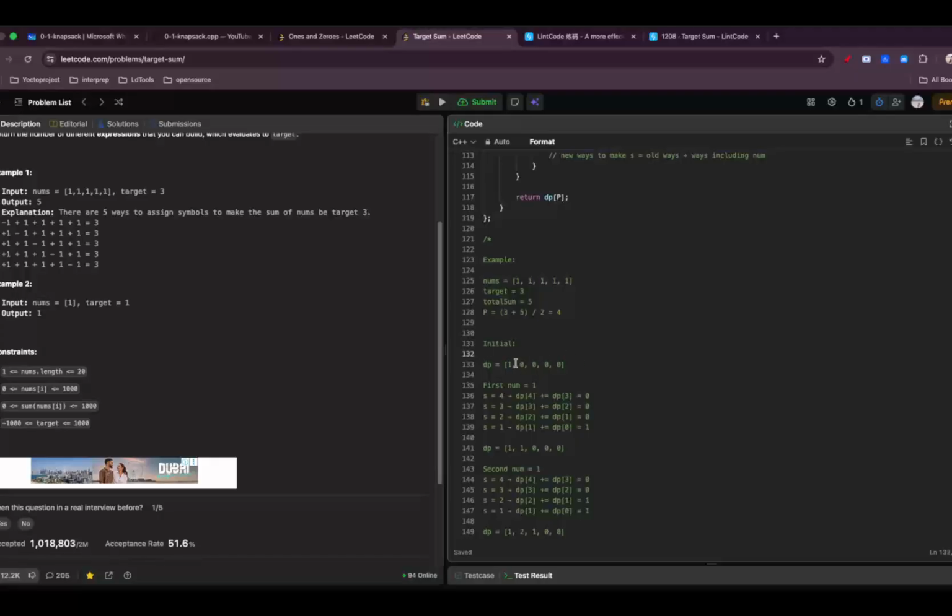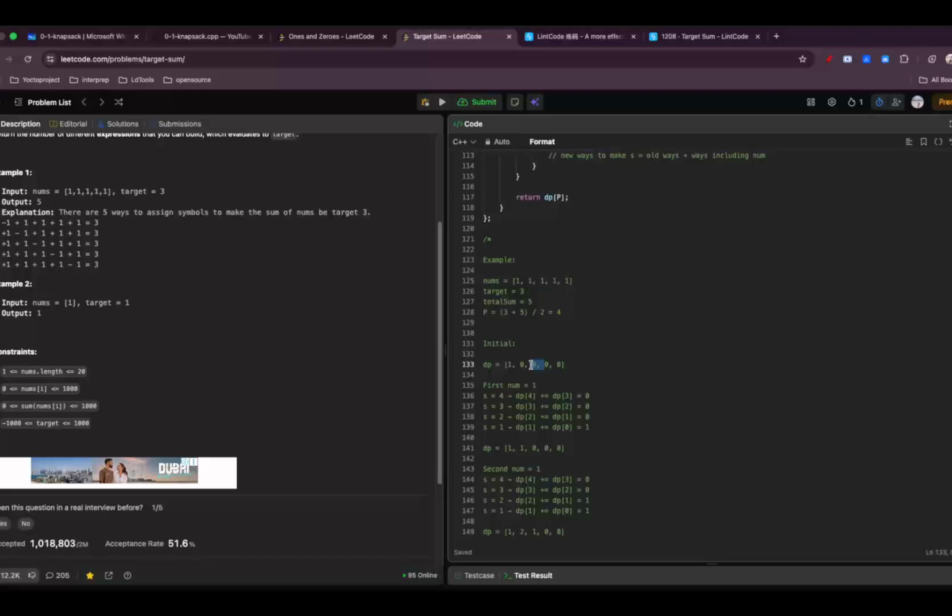Because if we go with whatever is in the future and assign that to this particular one, it means we have not even reached this point, and we don't know that at that point it was more than the required capacity. So that's why we have a backward loop, where whatever was previously stored gets added to our present one. So that is the thing.